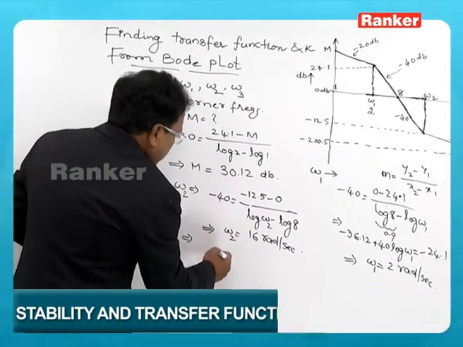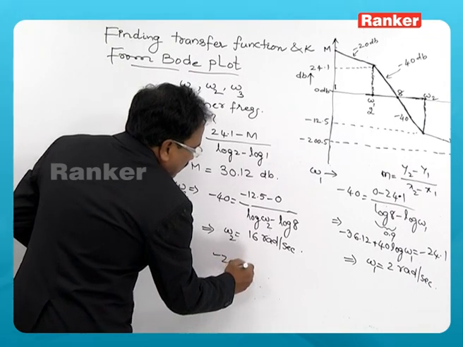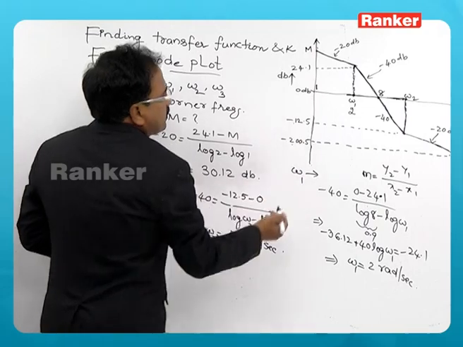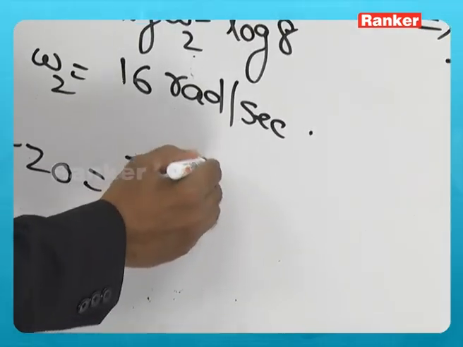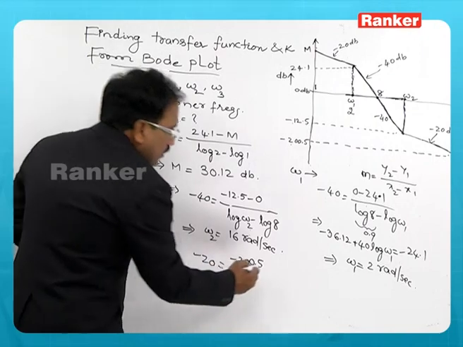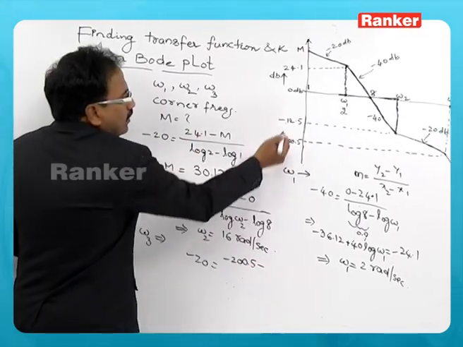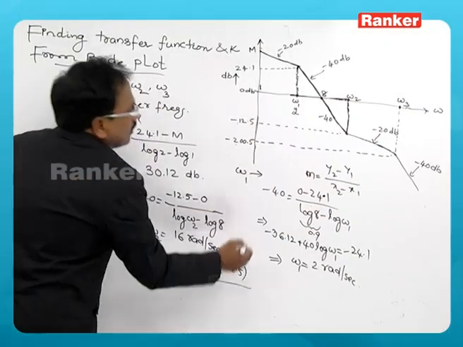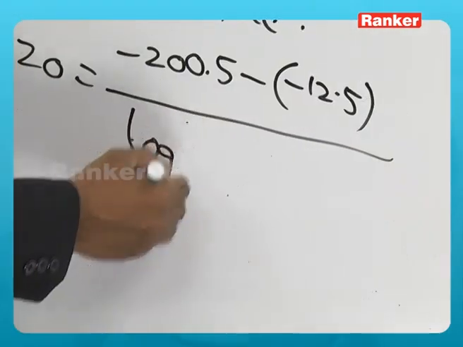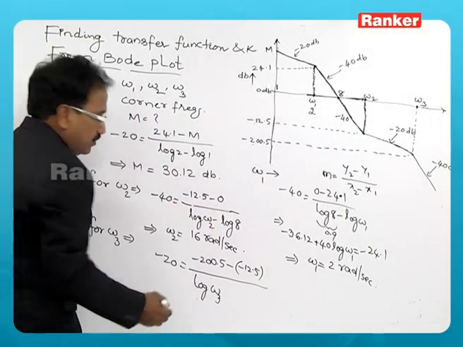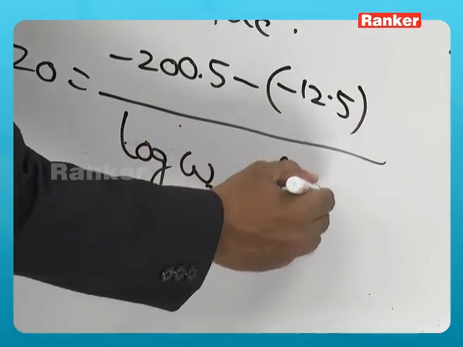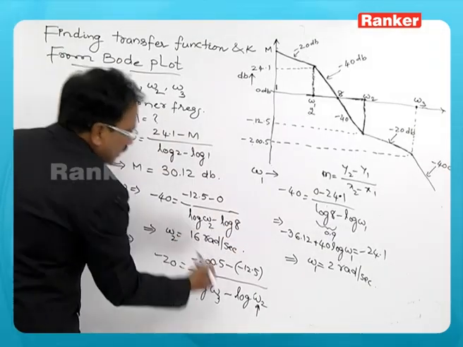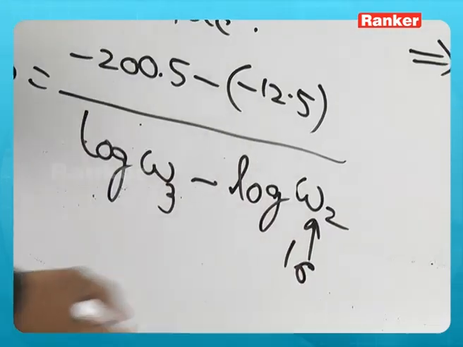So minus 20 is the slope M. Now you know these two coordinates: minus 200.5 as y2 and minus 12.5 as y1, divided by the unknown parameter log omega 3 as the x2 coordinate minus log omega 2, and this omega 2 value is calculated as 16 radians per second.